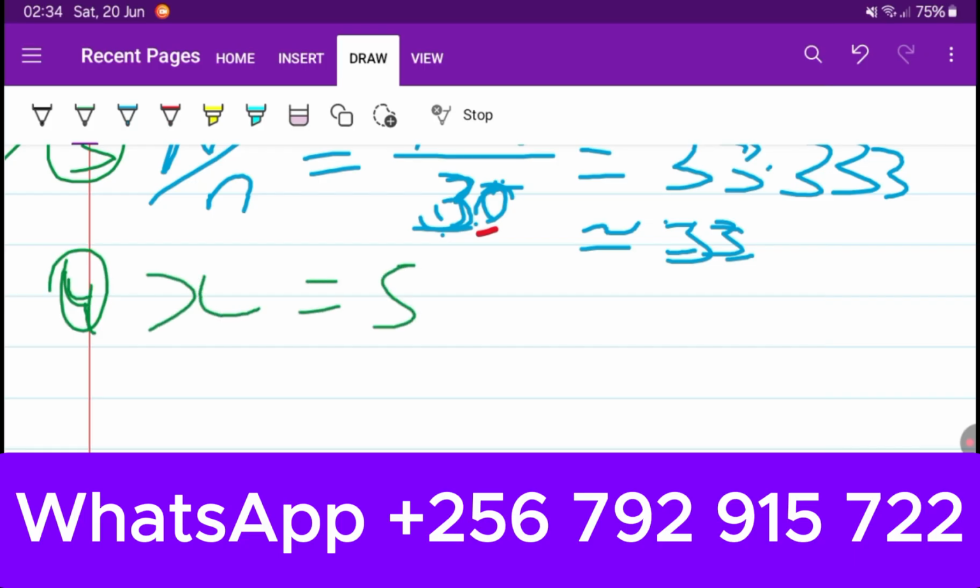Maybe let's pick 5. Then step 5, we now start to give the population. Of course, the population will have a number. It will start with this 5.